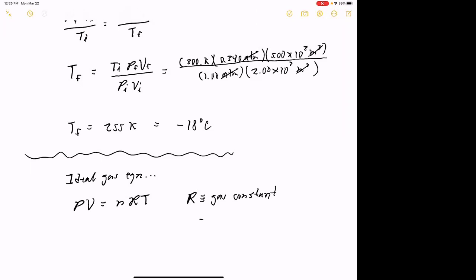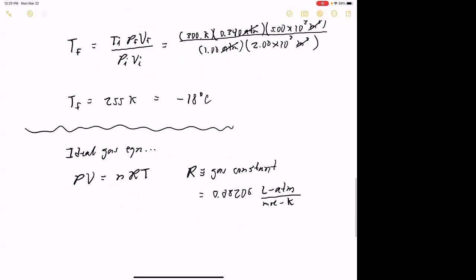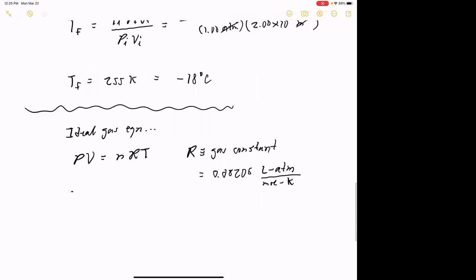But what the gas constant is equal to is 0.08206. And watch the units here. It's liters times atmospheres per mole times Kelvin. And that makes sense because if you solve this thing for R, what do you get? R is equal to PV over nT, right?